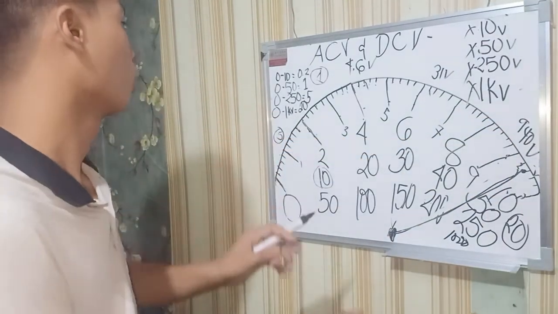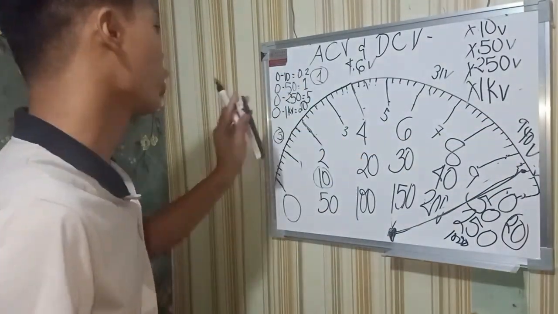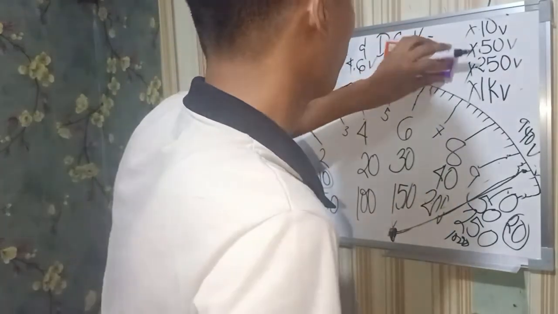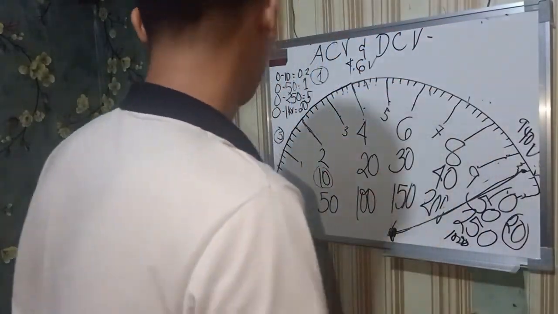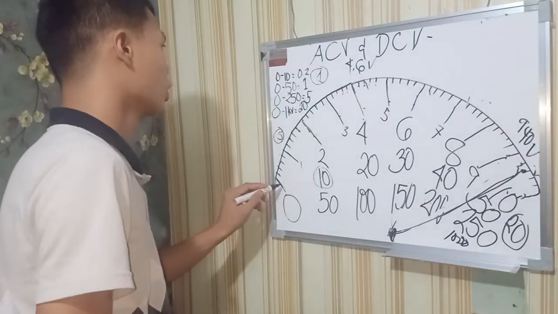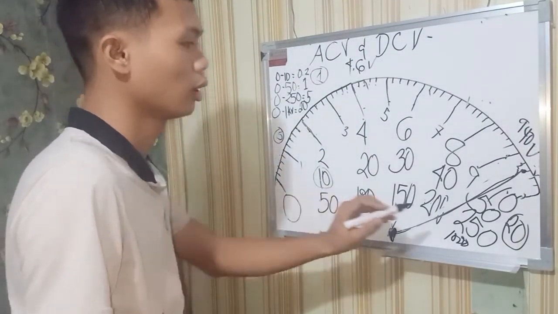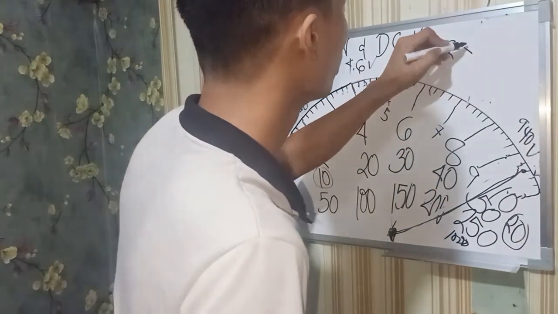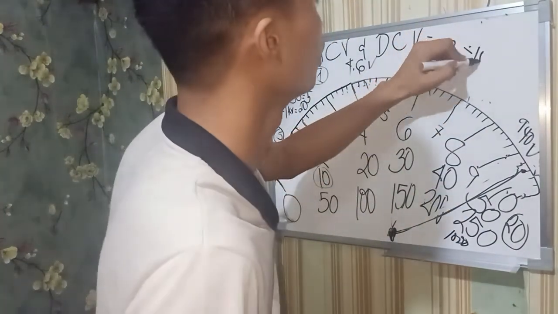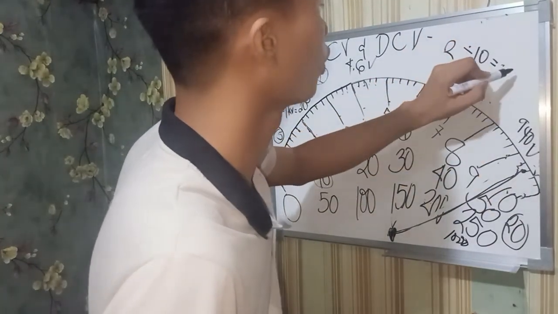How can we get each graduation? This is simple. For 0 to 10, just divide 10 by the number of divisions, 2 per section, so each graduation is 0.2.